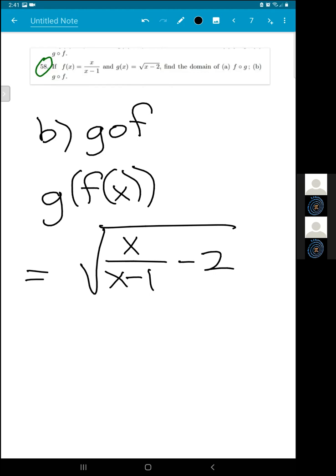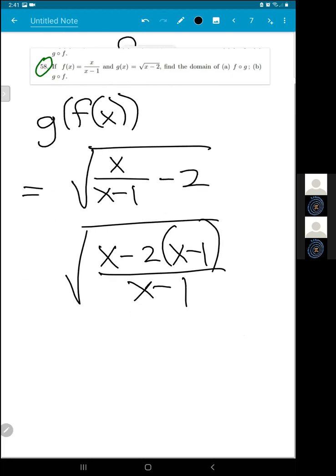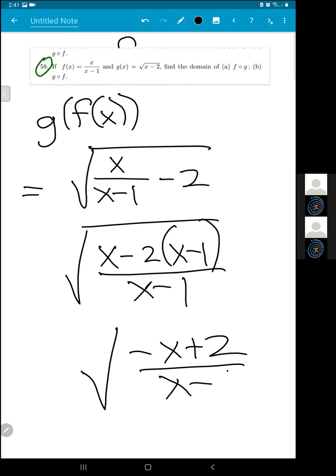Halimbawa, sinimplify mo to. Sige, pakita natin ano yung meaning noon. Mag-LCD ka. And then magiging ganito siya. And then, ito na yung tututukan mo lang. Although hindi rin pala nawala.